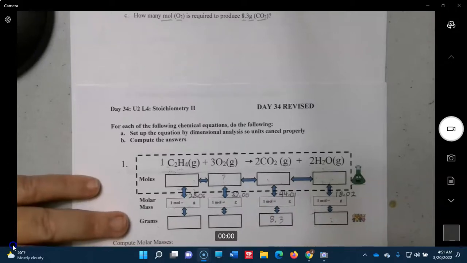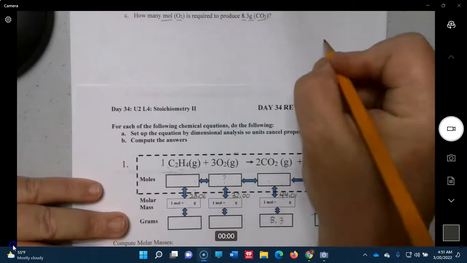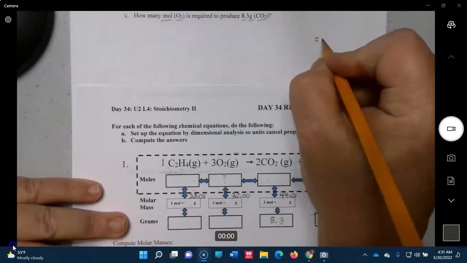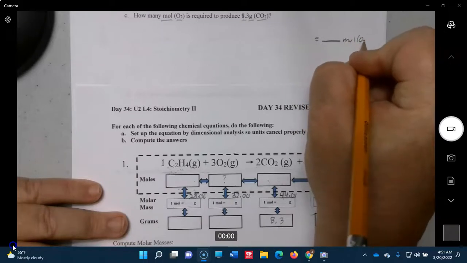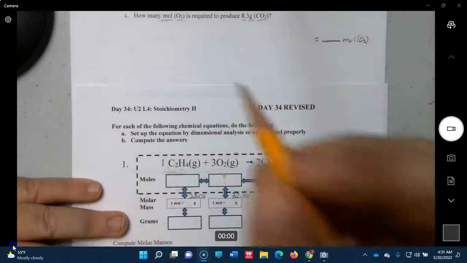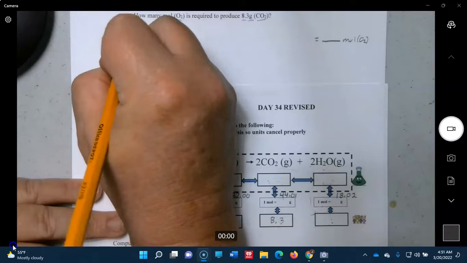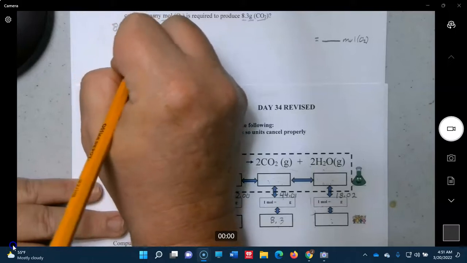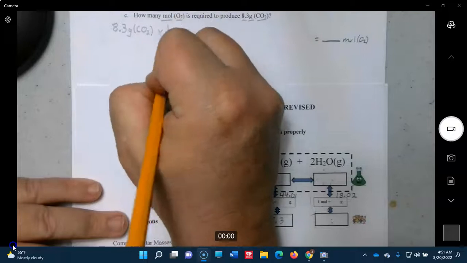So let's go ahead first and write moles of O2, so way over here. Grams of CO2. And again, it's 2 different directions of the arrows, up and over, so that's 2 boxes again.